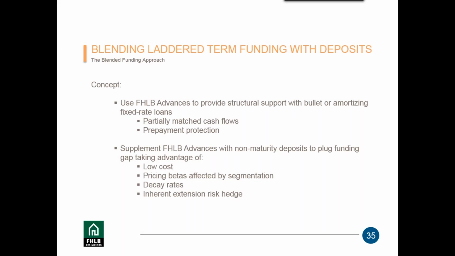You want both. Why duration uncertainty on deposits? We know that deposit lives can change because of rate environment, geography, type, access, and so forth. The idea here is to create some partially matched funded flows with advances in order to build in some prepayment protection against asset prepayments.